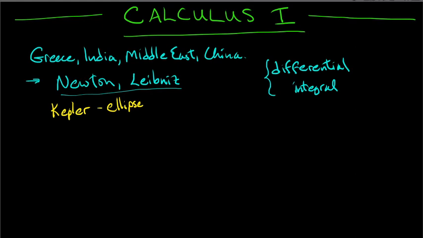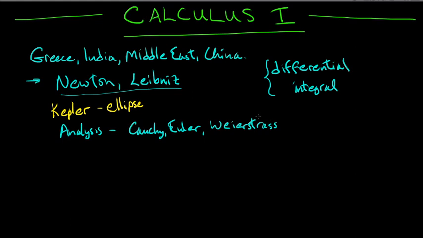And then sometime later, maybe in the next 100 years or so, the calculus was made rigorous into a branch called analysis, or real analysis, by players like Cauchy and Euler and Weierstrass.